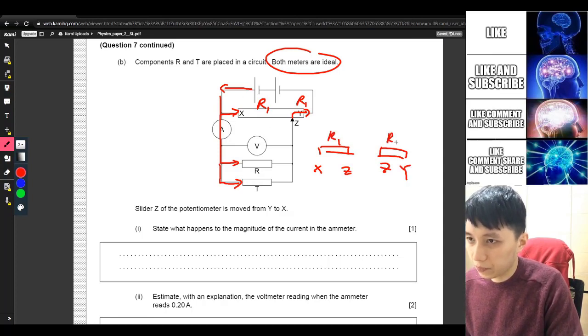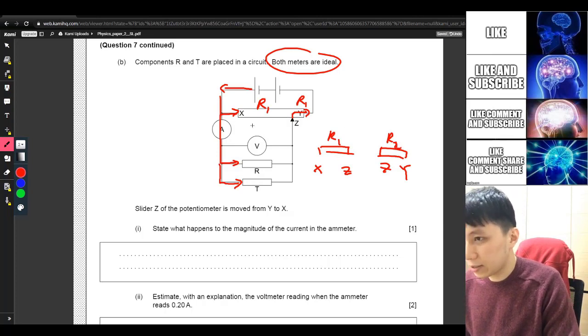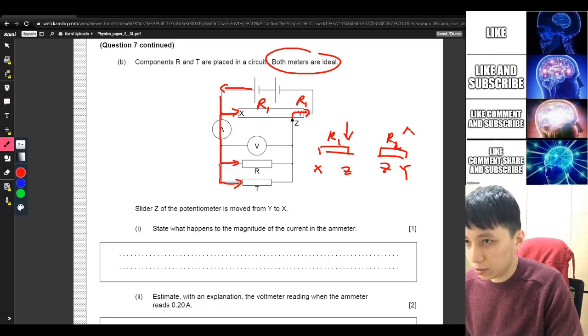This is R1, R2. So while you are moving towards X, then resistance 1 is going to decrease, resistance 2 is increasing, and so that will affect the voltage across this, and of course the current as well.